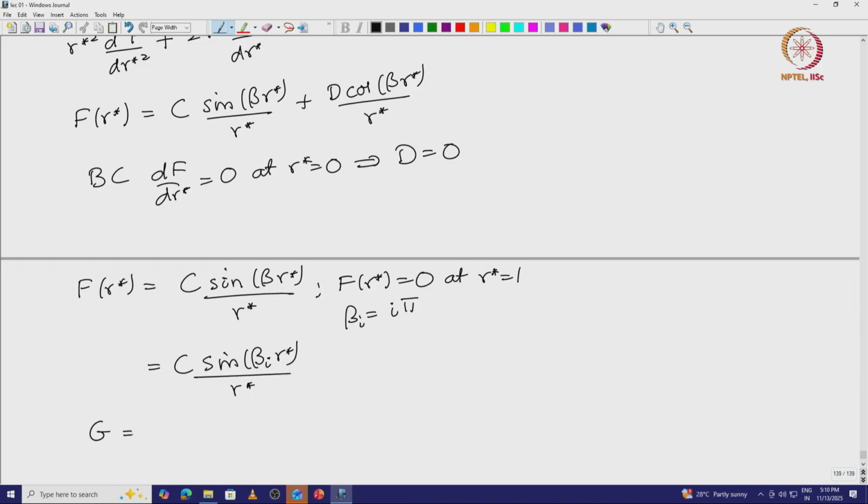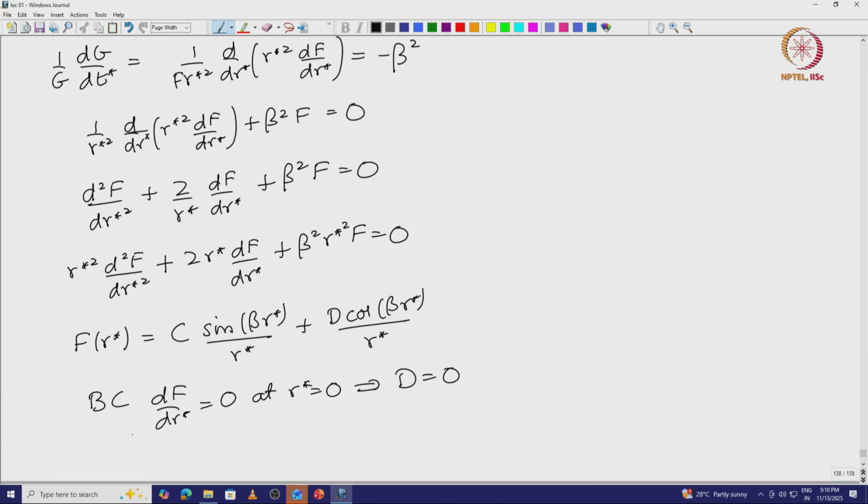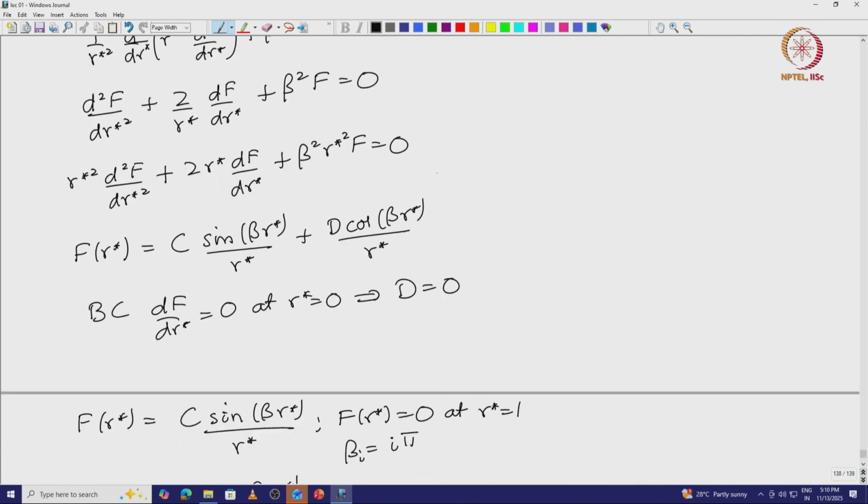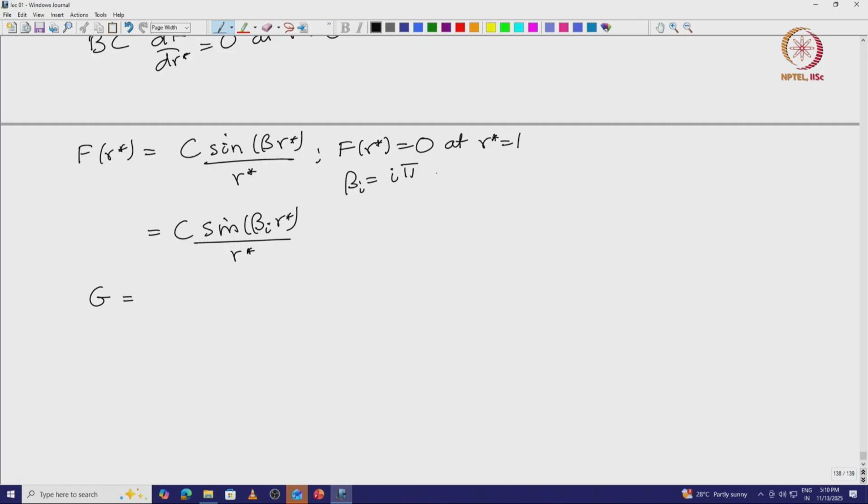The solution for g comes from this exponential function. I equate these two parts and obtain the solution for g. G is equal to minus I pi the whole square t star.